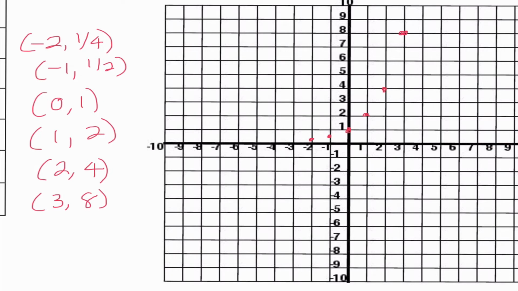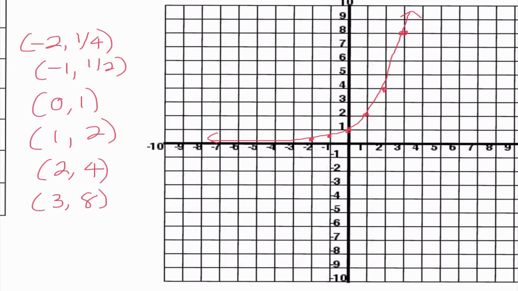And the reason being, if I put in something like -10, 2 to the negative 10th power is like 1 over 2 to the 10th. So it's just becoming a very, very small fraction. It's getting closer and closer to 0, but it's never actually going to touch 0. Okay, so there is what this would look like.